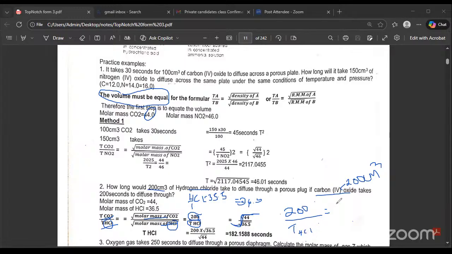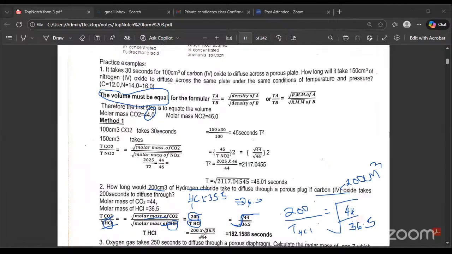So what you can do is the square root of 44, all 44 inside the square root, over 36.5. Then that is easier, you divide 44 by 36.5 to get the answer and then you square root the answer, it becomes quite easier.